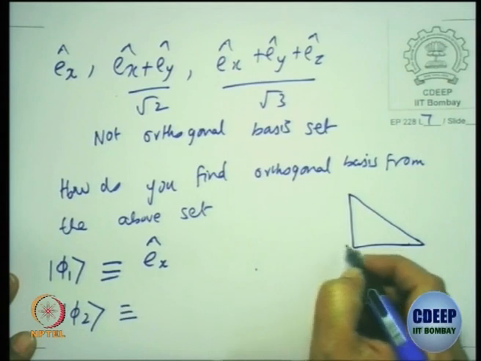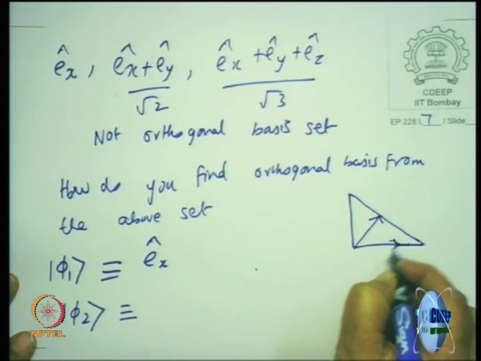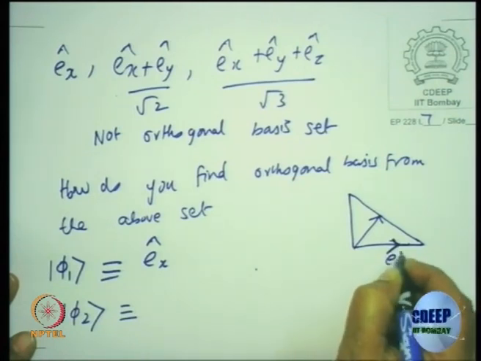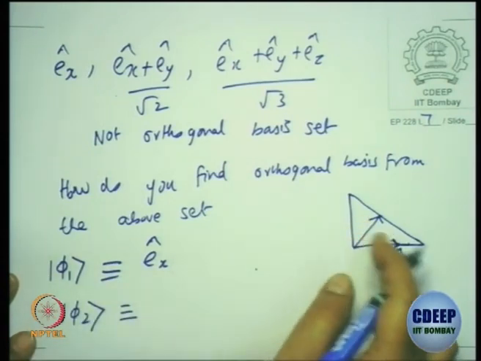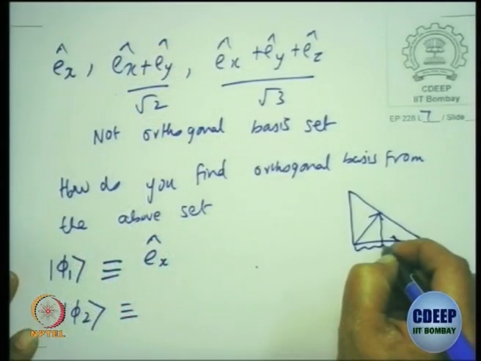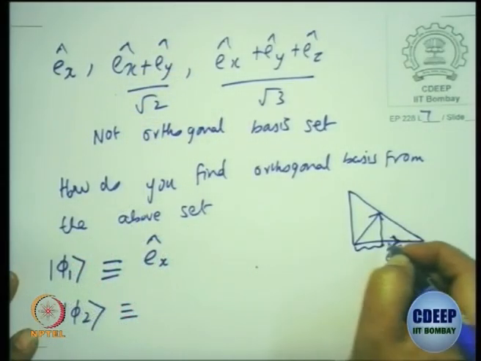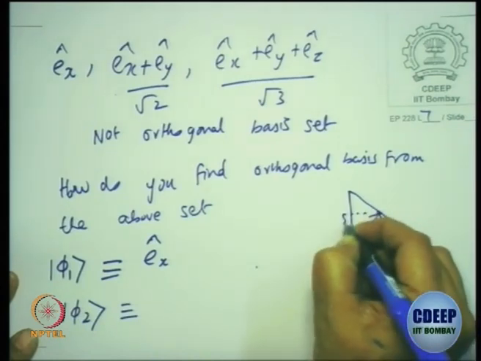Let's take it in this picture. You have this state. The first basis I have taken to be Ex. The second one is making an angle 45 degrees with the first one, but I want to make it orthogonal. How do I do it? Take the projection of that vector in this direction, subtract it out, and what you get will be this piece.